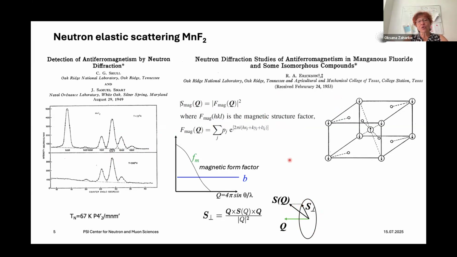And what you also probably know from a course of X-ray scattering, diffraction, and spectroscopy, is that for neutrons, the nucleus would be a point scatterer. So the nuclear structure factor, the form factor, would be a constant, while for magnetism, it will depend on the angle of the scattering, on sine theta over lambda.